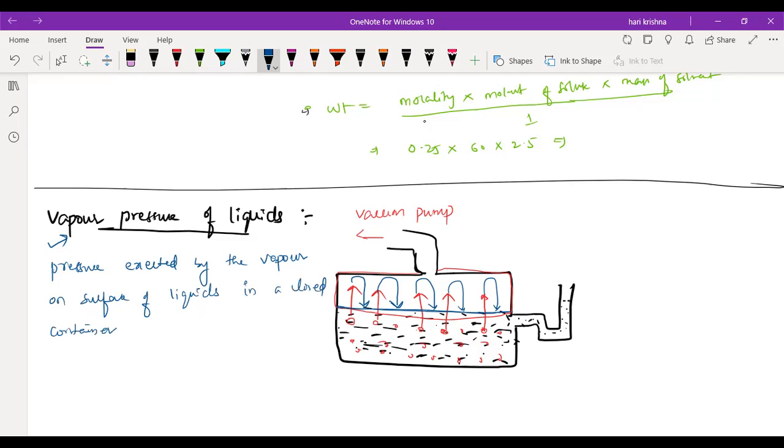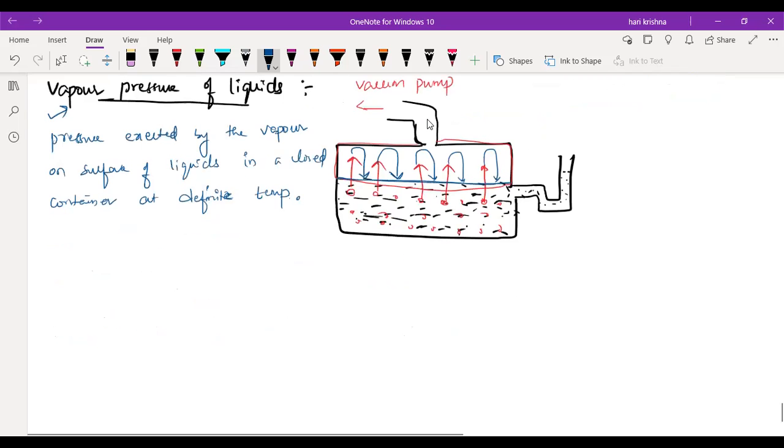Today's class we have mostly theory only. After the next topic, you have the numericals. The pressure exerted by the vapor on the surface of the liquid in the closed container at definite temperature is called the vapor pressure of the liquid.